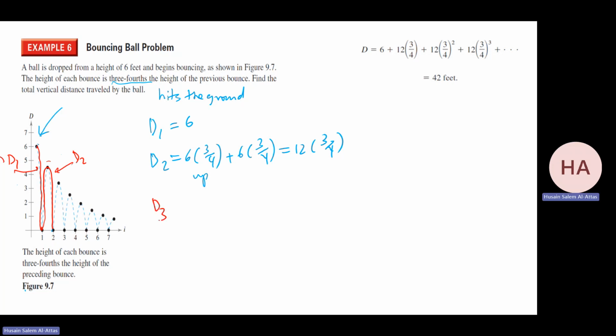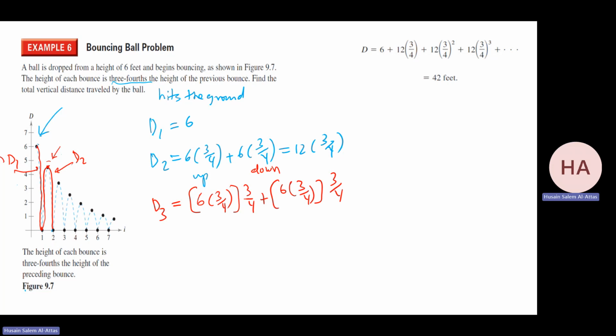D3 will be what? Now this is the height reached. So I need 3/4 of this height. And what is this height? It will be 6 times 3 over 4. I need 3 over 4 of that. But it's going up and down. This is up, this is down. So 6 times 3 over 4 times 3 over 4, 3/4 of that.